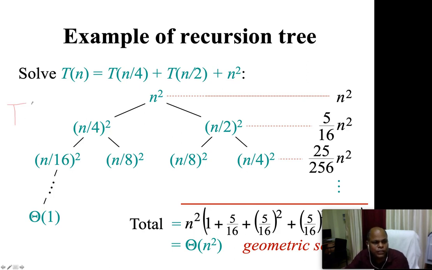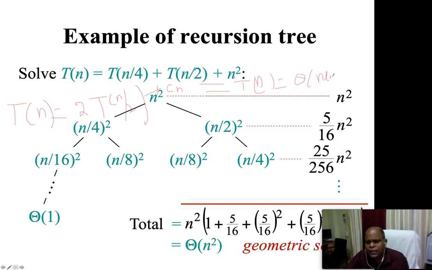We solved the recurrence relation T(n) equals 2T(n by 2) plus Cn, and at that time we said that T(n) is theta of n log n, and we also proved the same case using the recursion tree. Hence the recursion tree can be used to solve this kind of recurrence relation.